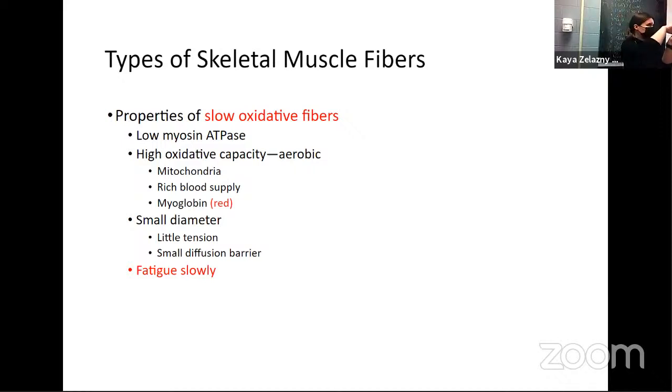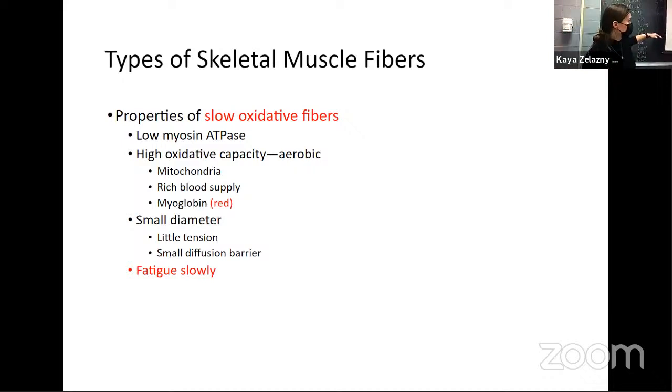But if we have a skinny little muscle cell, we don't have enough physical space to put a bunch of those myofibrils in parallel. So this small diameter helps them get oxygen in, but the downside is it can't fit as much ability to contract in there. So those are both related to this physical property, their small diameter.